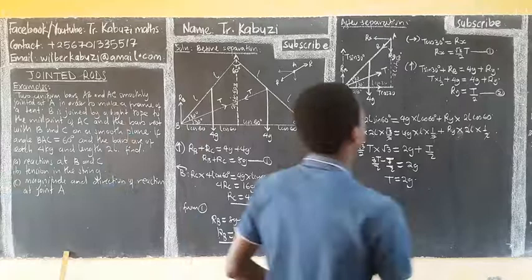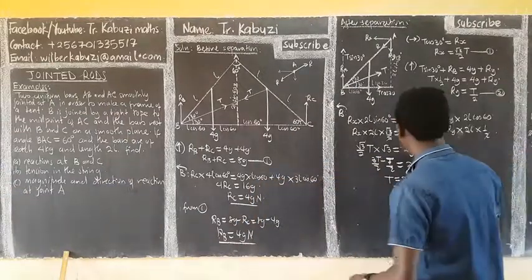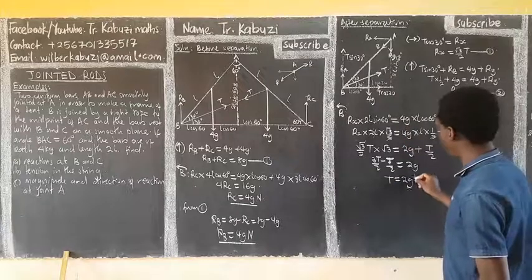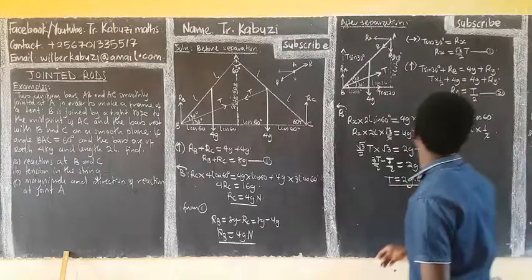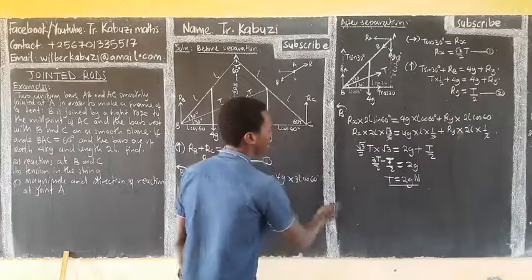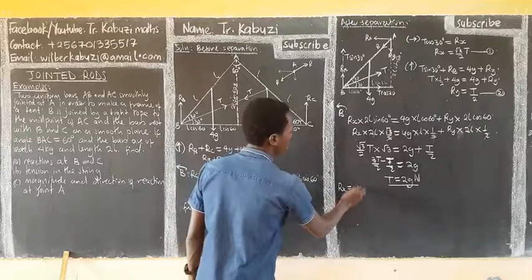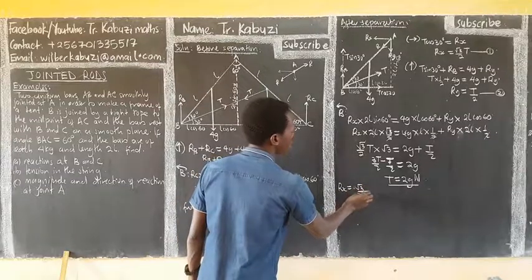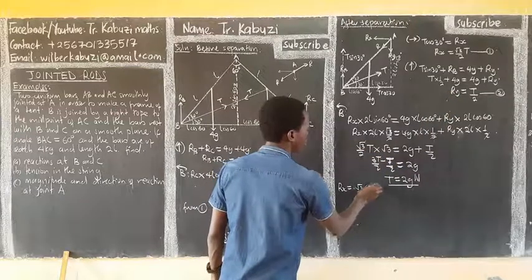Okay, now from here, I think you can only see. So now after getting my T, of course it's going to be in newtons. That's my T. So after getting T, I can get my Rx. So my Rx, which is given by, it's going to be root 3 over 2, then T, so it's going to be 2g.